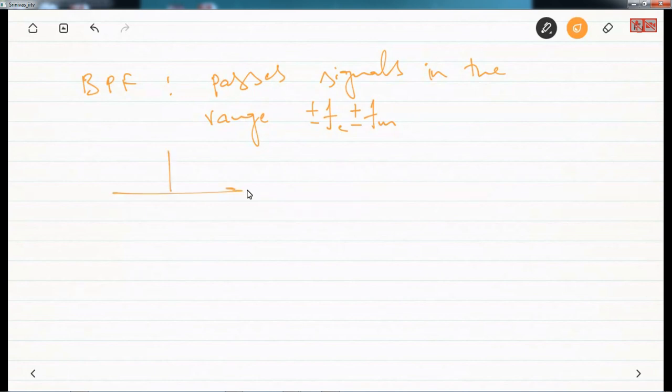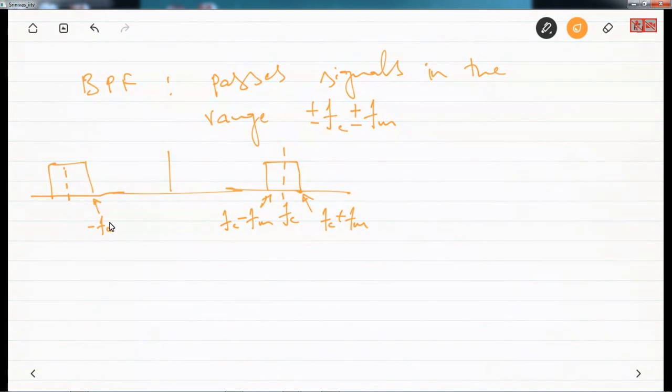So this fc minus fm, this fc plus fm, minus fc plus fm, minus fc minus fm is the BPF characteristic, right?